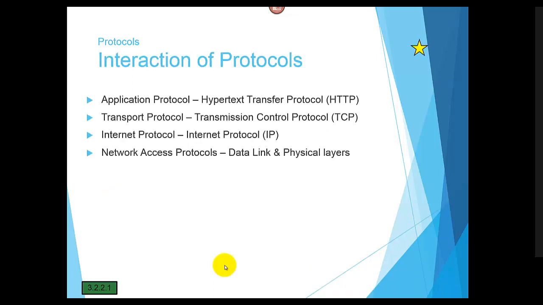Interaction of protocols. We'll talk about 4 here. The application protocol, an example would be HTTP, Hypertext Transfer Protocol. That's a protocol that governs the way a web server and a web client interact. TCP is the transport protocol that manages the individual conversations between web servers and clients.